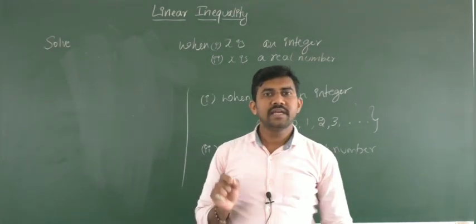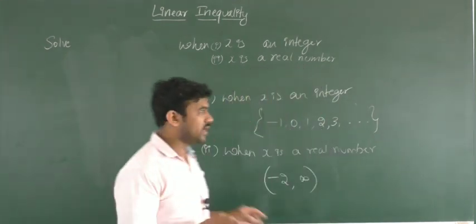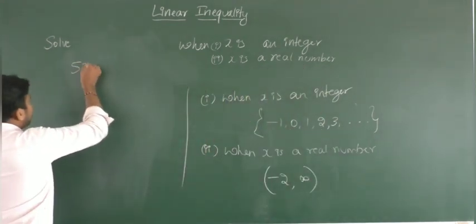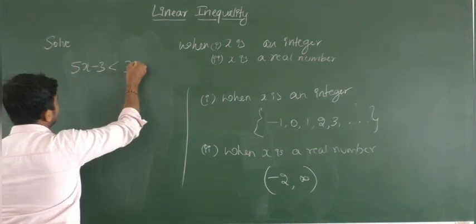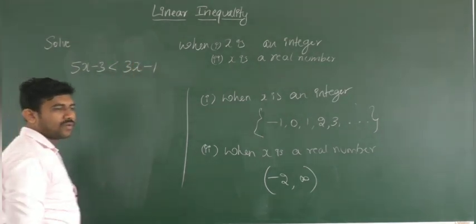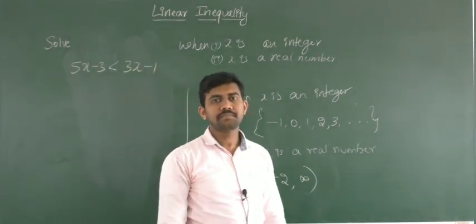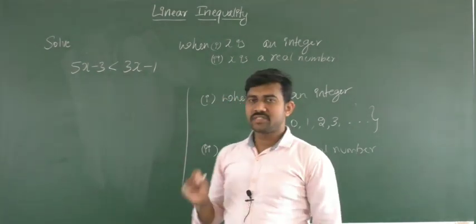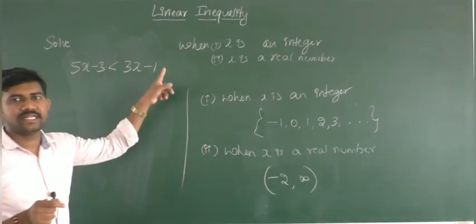Okay, so the next question is, see, 5x minus 3 less than 3x minus 1. In this case, how to solve? We have x on both sides.